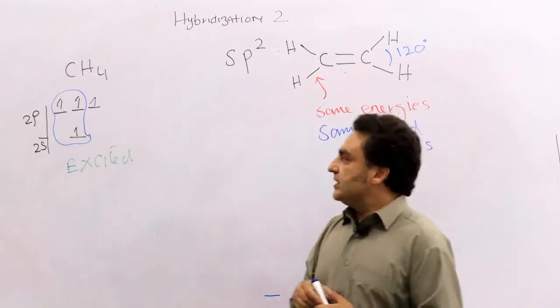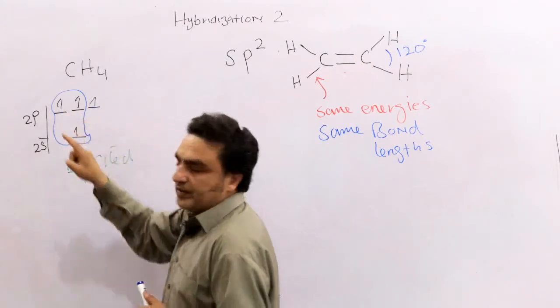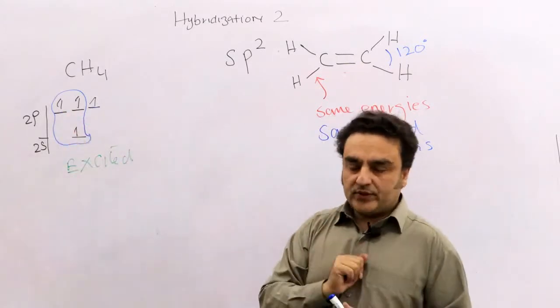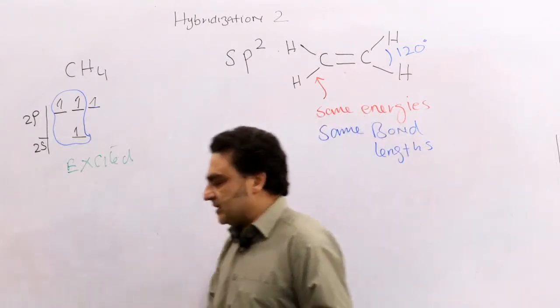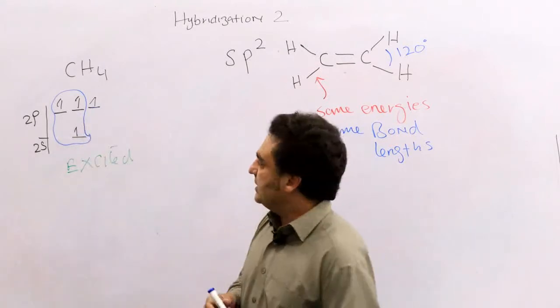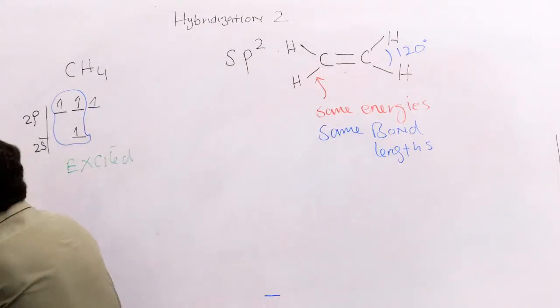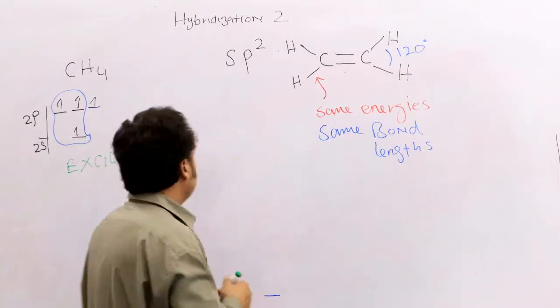Now you have a situation. What happens? One s orbital and two of the p orbitals combine together. Previously we assigned some energy to it, so let's assign it again. It's just random energies to make you understand.